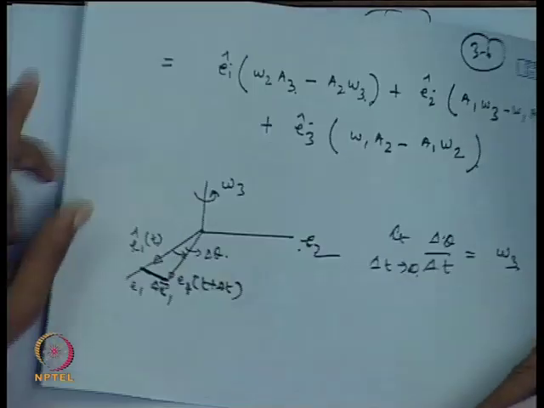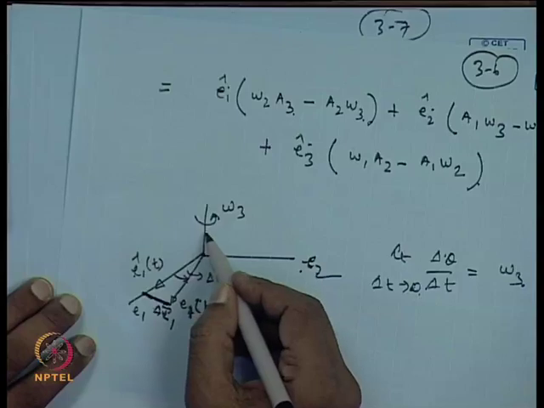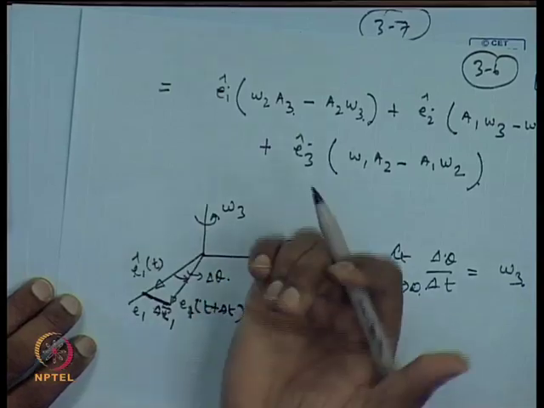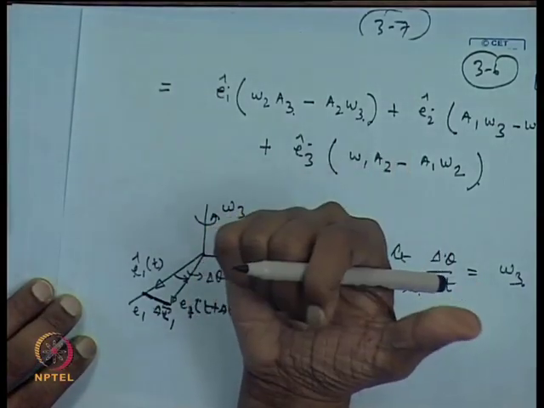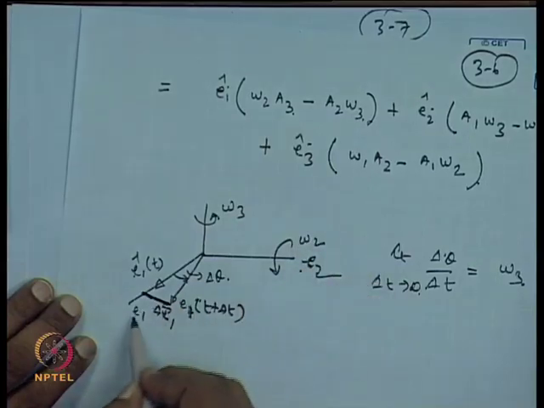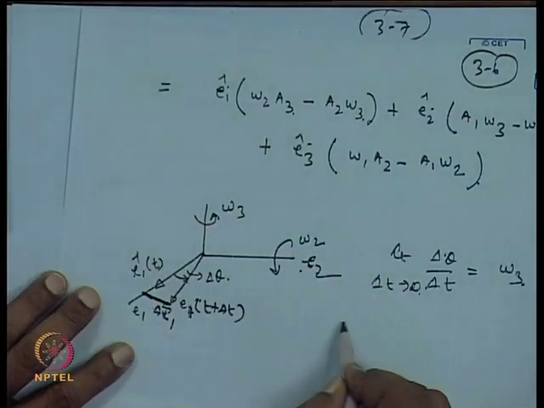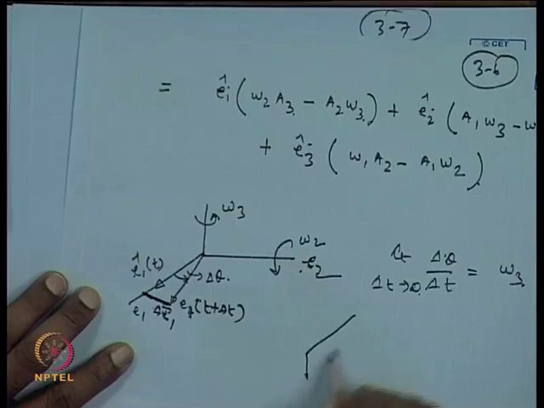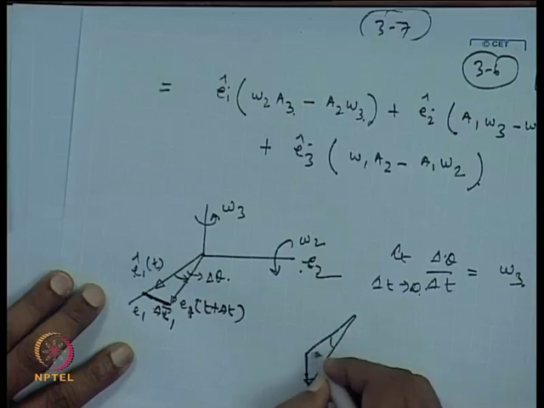Okay. Similarly, if you give rotation about the E2 axis, we are giving positive rotation using the right hand rule. So, this is your omega 2 here, and then this vector, instead of now taking it up, we can show it going down. Okay, and let us say this angle we show it as delta phi.